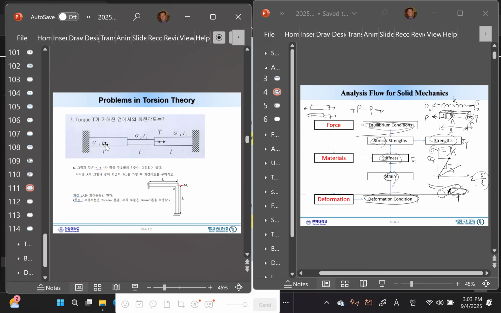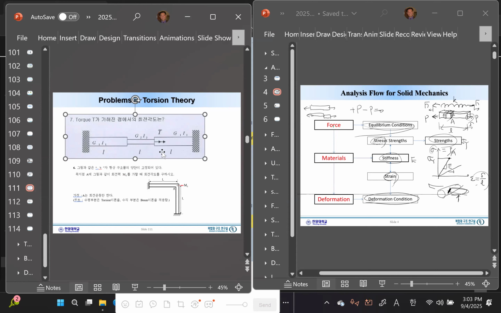Equilibrium, how much stress, and how it rotates, and stiffness, and so on. And then make sure all the stress is less than strength. Okay, so it looks like a very advanced subject, but it's clear that we follow this one.